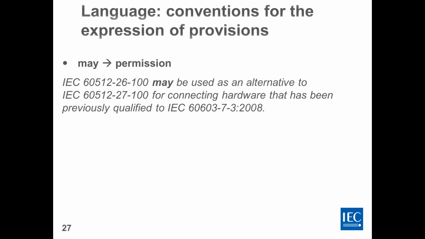So there we have four basic conventions for the expression of provisions, which allow us to ensure that we are speaking the same language and that we are absolutely sure about what is being expressed.